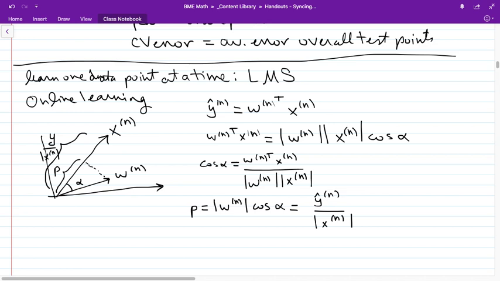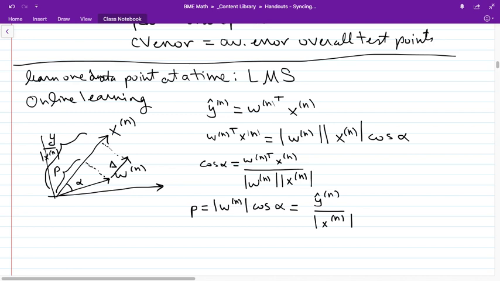What it gave me is y hat divided by the magnitude of x of n. What I wish it had given me is y divided by the magnitude of x of n. So that means that I should change my w by some vector delta so that now when I project it onto x, I get this quantity, y divided by the magnitude of x of n.